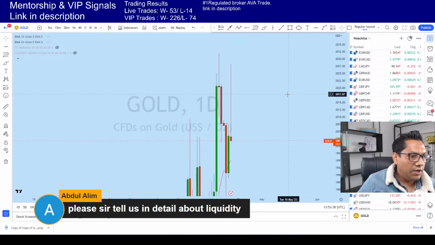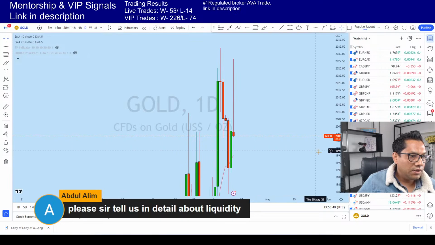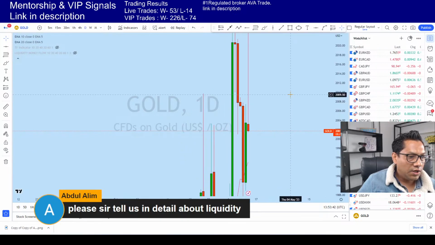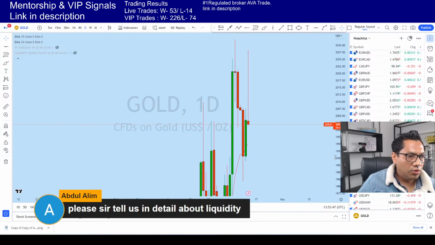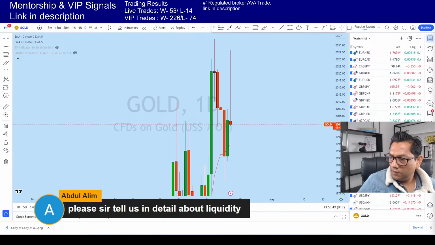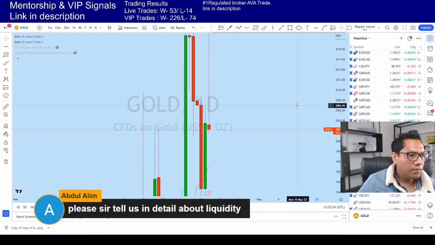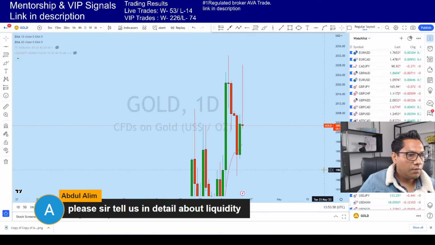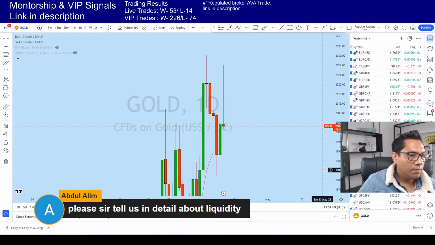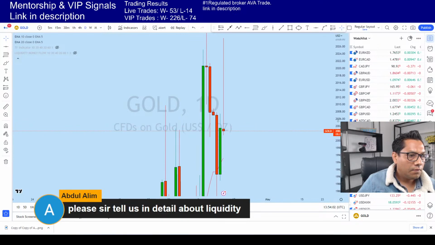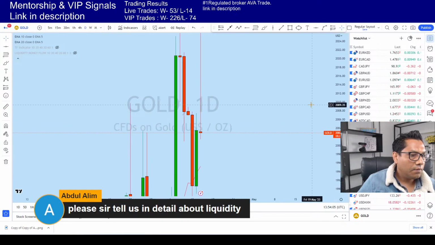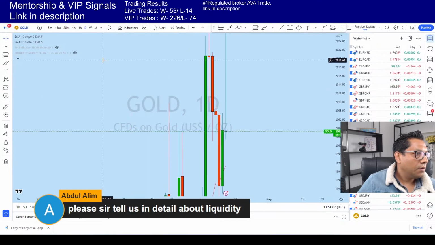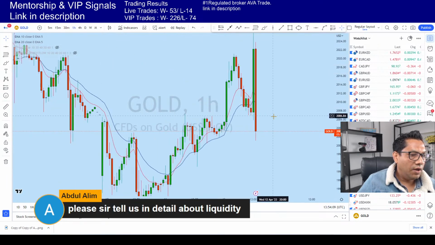Okay, so from the daily on gold, we see that the price almost has crossed the daily low. What it is trying to do. Once it bounces, it will have a big bounce.